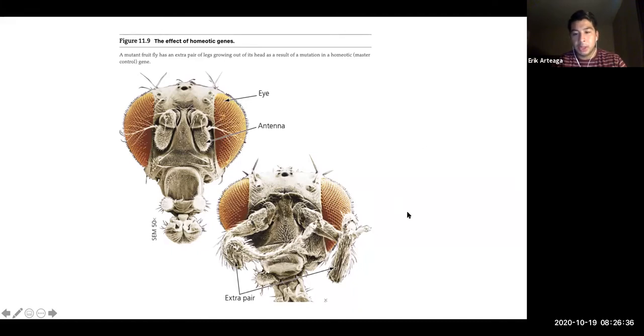You can have mutations, and sadly, you can have these changes shown dramatically in the young. You can see children born with an extra limb or extra appendage, deformities, right? And this can be seen throughout the animal kingdom.